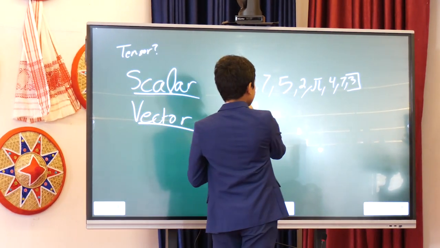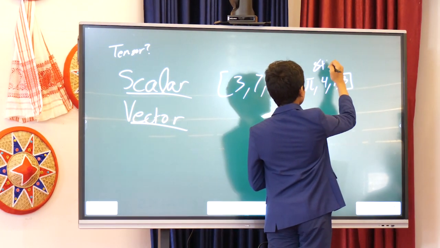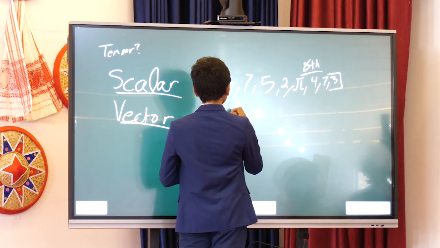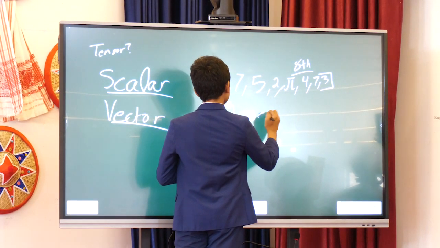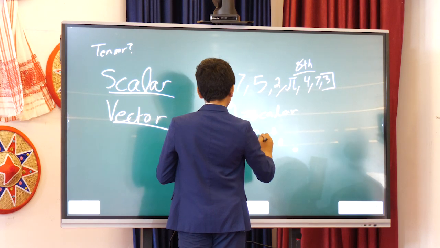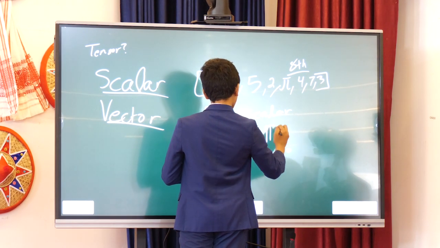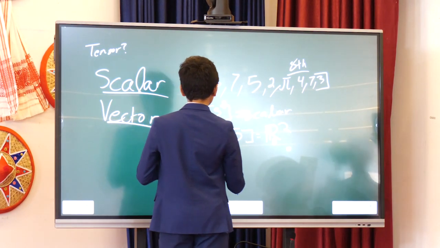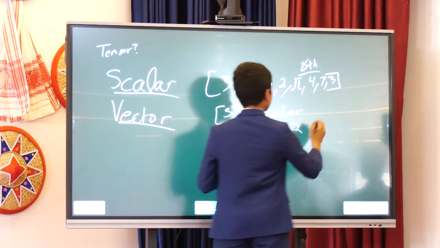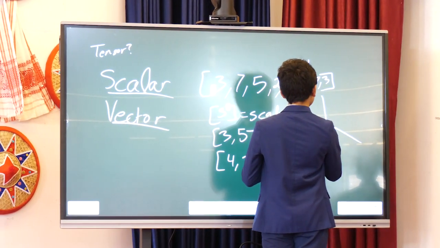Now, of course, this is an 8th dimensional vector, so obviously I can't draw it. But we all know what a 1-dimensional vector looks like. This is just a scalar. A 2-dimensional vector is something I've just demonstrated. And a 3-dimensional vector is quite easy to visualize as well. You just draw the 3 coordinate axes, x, y, and z.